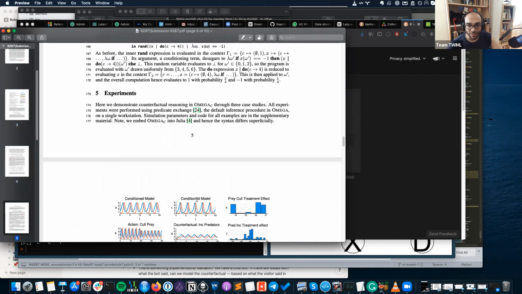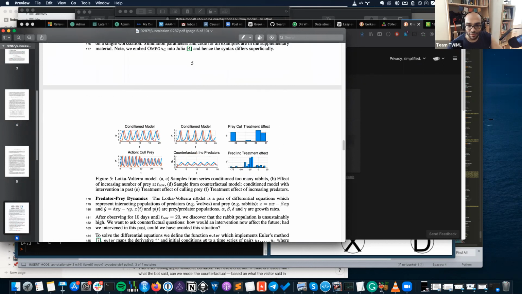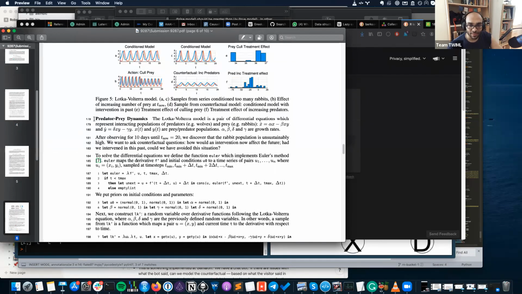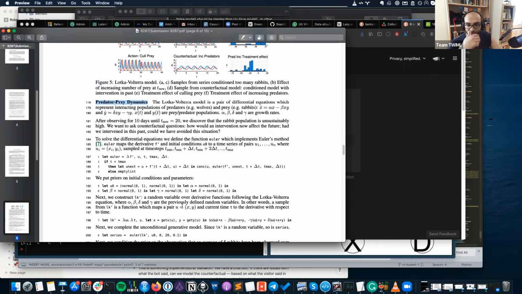the example with predator-prey dynamics is a great example, because you would ask questions like, after observing for 10 days, we discovered the rabbit population is unsustainably high. You want to ask the counterfactual question: how would an intervention now affect the future? Had we intervened in the past, could we have avoided this situation?